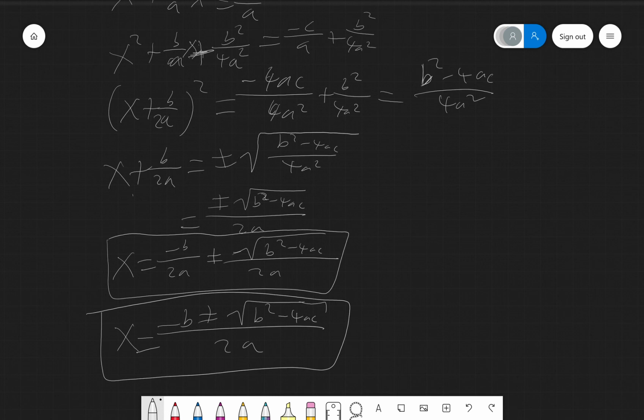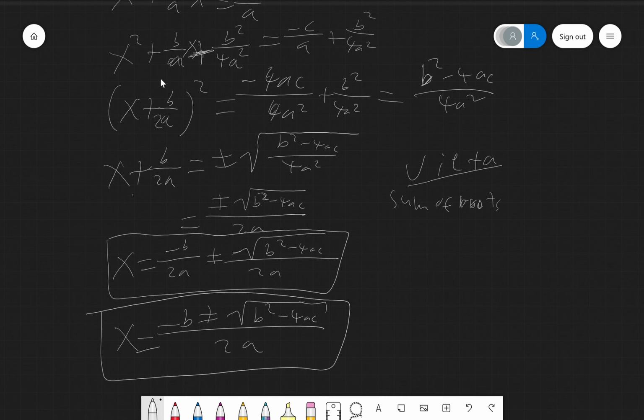Vieta says that the sum of the roots is this. It's actually really helpful in competitions, and Vieta can be used when polynomials have a higher degree, meaning the exponent of x is not 2, but 3 or 4 or 5. They're called symmetric sums, but they get a lot more complicated. But right now it's just simple.